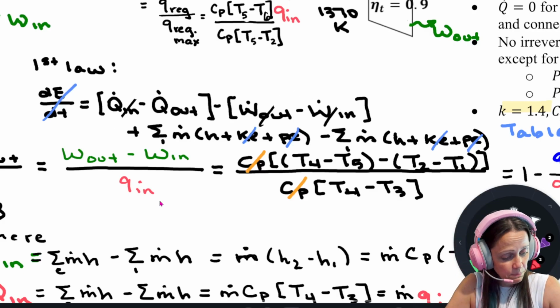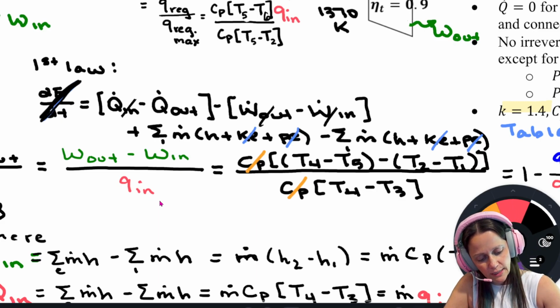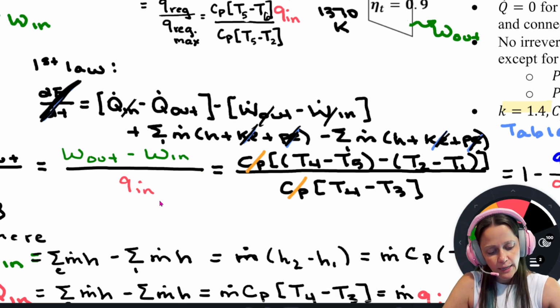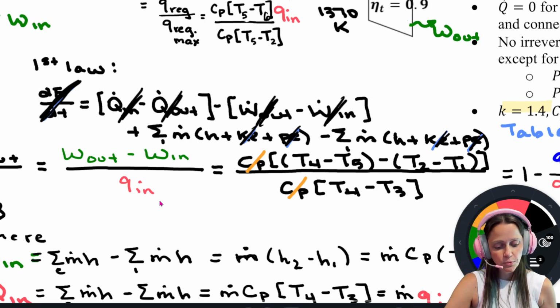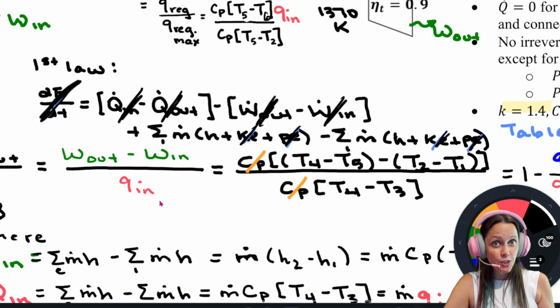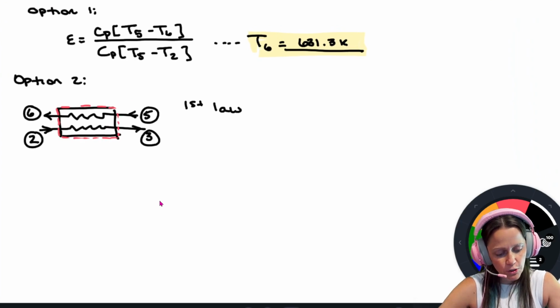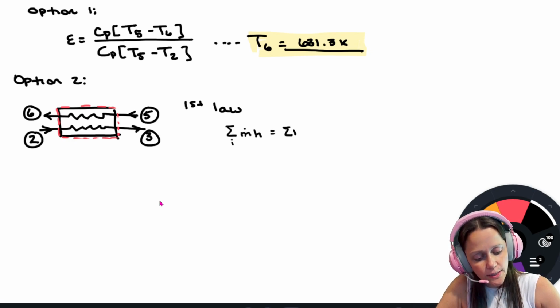I'm going to cross these out though. If I apply my first law, steady state, no changes in kinetic and potential energy, and no Q dot or W dot, the only things I have left are the sum of the m dot h's coming in and out. So the first law gives me that the sum of the m dot h's coming in equals the sum of the m dot h's going out.